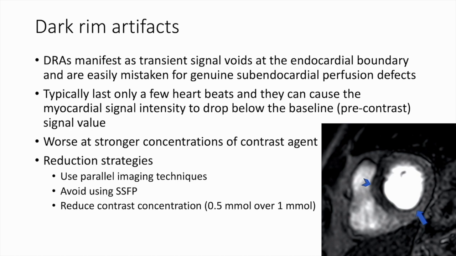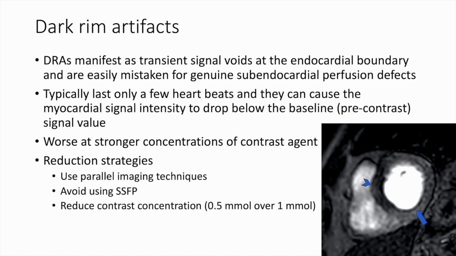They can also cause the myocardial signal intensity to drop below the pre-contrast baseline value. This artifact is worse at a stronger contrast concentration. The dark rim artifact can be reduced by using parallel imaging techniques, by avoiding using SSFP sequence, and reducing the contrast concentration.